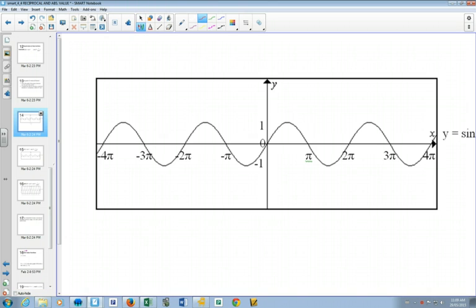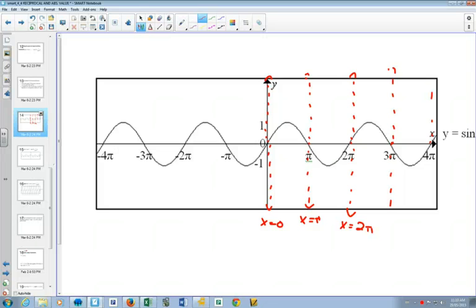First thing we do with reciprocals is look at our asymptotes. Are there going to be any vertical asymptotes? Wherever sine is equal to 0. So here, here, and there's going to be, on this graph, quite a few of them, and in this direction.